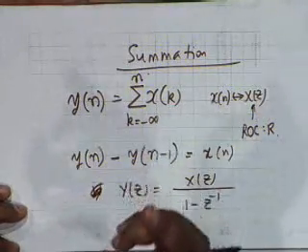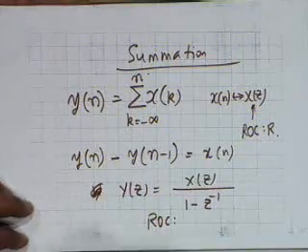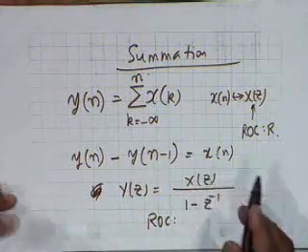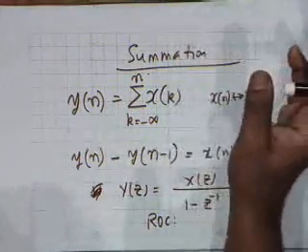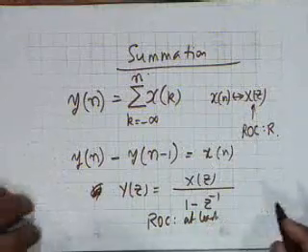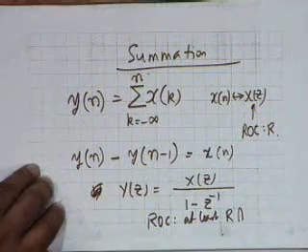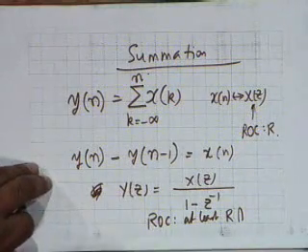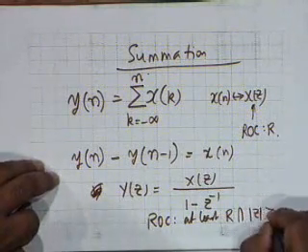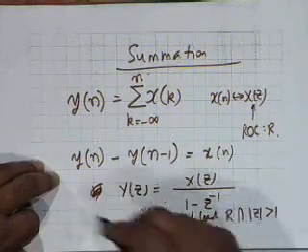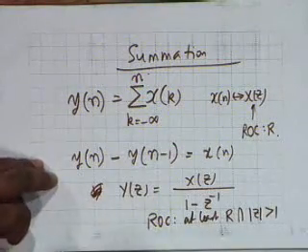What is the sequence? u of n, that's right. Whenever there is a product P of Z times Q of Z, the ROC is at least the intersection. So it is at least the intersection of R and mod Z greater than 1, that is the region outside the unit circle.